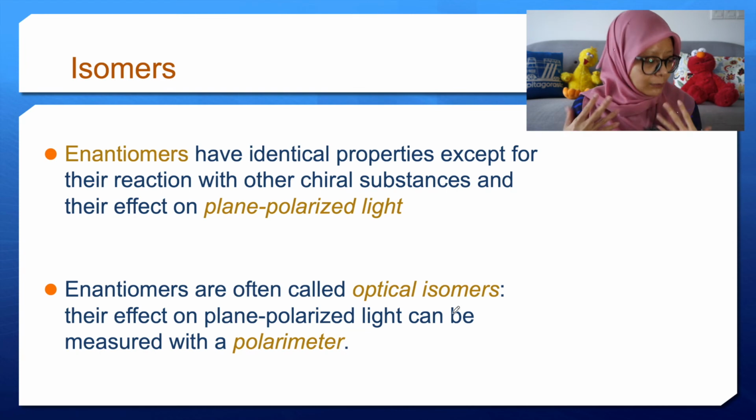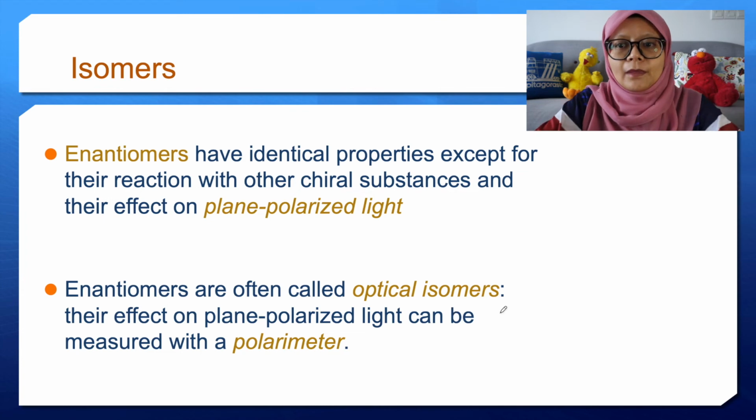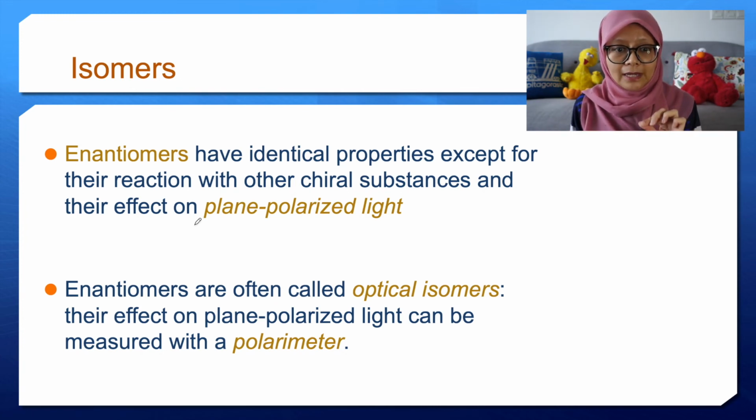And then how to identify the enantiomers, or how to characterize the enantiomers. So enantiomers have identical properties, they have similar properties except for their reaction with other chiral substances and their effect on what we call plane polarized light.